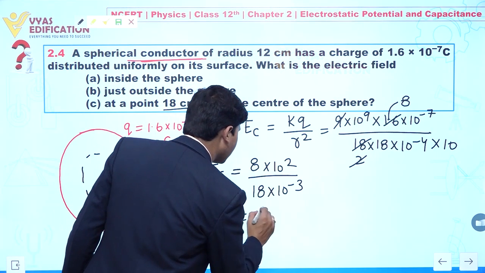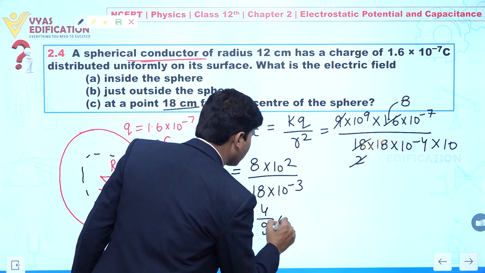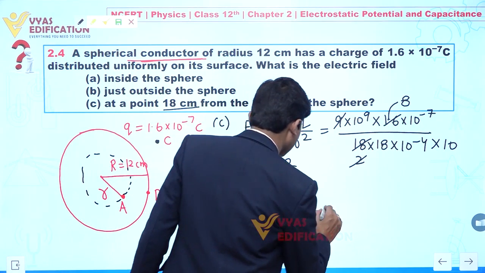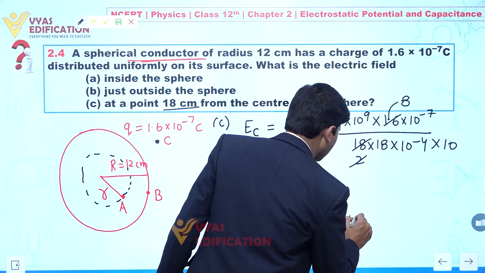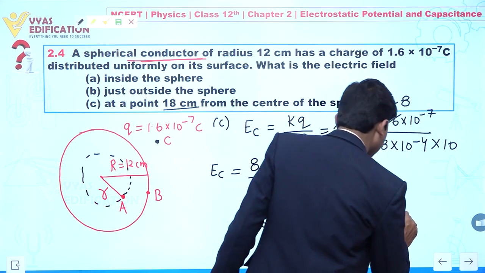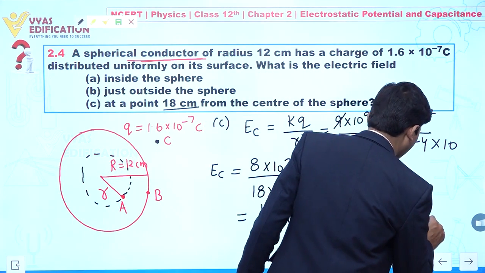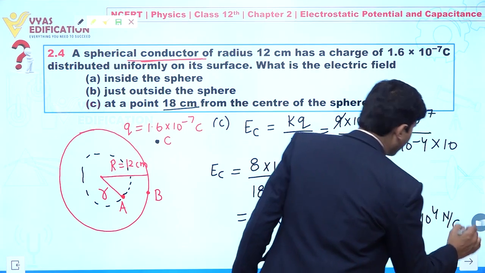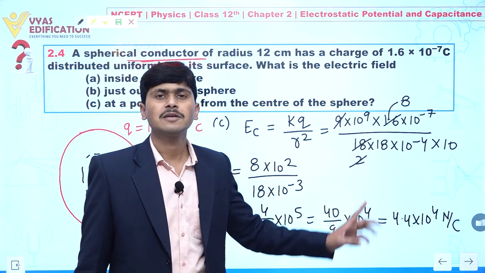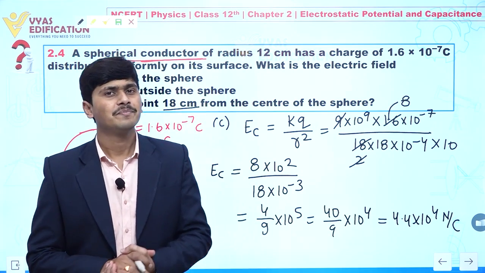From here you can say 9, we can write like this, this is 4 divided by 9 into 10 to the power 5, clear. So if you write like this, this is 40 by 9 into 10 to the power 4, or we can say this is approximately 4.4 into 10 to the power 4, and this is Newton per Coulomb, clear. So this is the value of electric field at a distance 18 centimeter from center of sphere, clear. So this is all about the solution of this question.